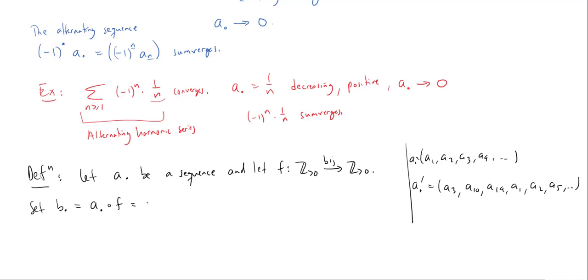So this would be a_f(n). If I put in f(1), that would be the very first thing. So I would have a_f(1), a_f(2), a_f(3). Up here you can see f(1) is 3, f(2) is 10, f(3) is 14, f(4) is 1, and so on. So there's a new sequence b.